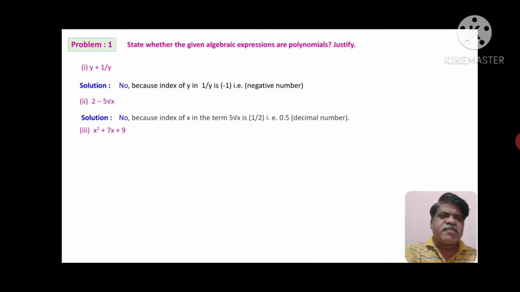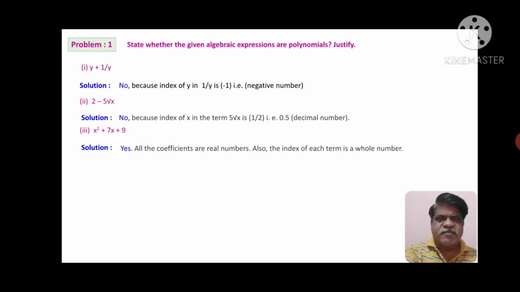Third, x square plus 7x plus 9. Here you could find that it is a polynomial, it is an algebraic expression, since all the coefficients are real numbers and the index of each term is a whole number. Fourth one, 2m raised to minus 2 plus 7m minus 5.